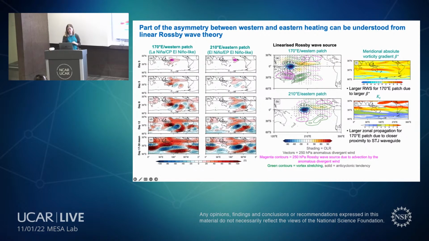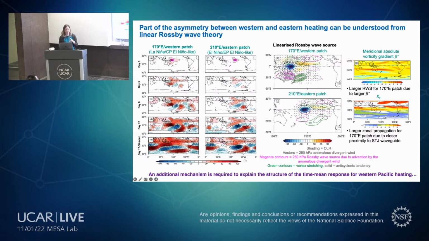But when we put this heating anomaly further eastward, away from the core of the subtropical jet, we're less influenced by this barrier to Rossby wave propagation, and the wave is able to freely escape into the southern hemisphere extratropics.